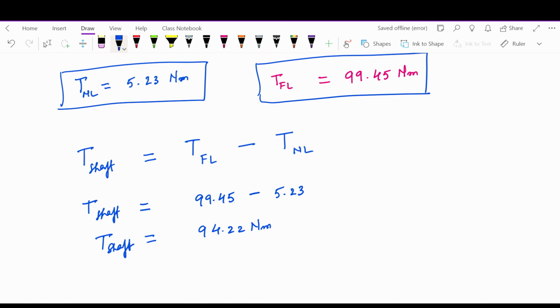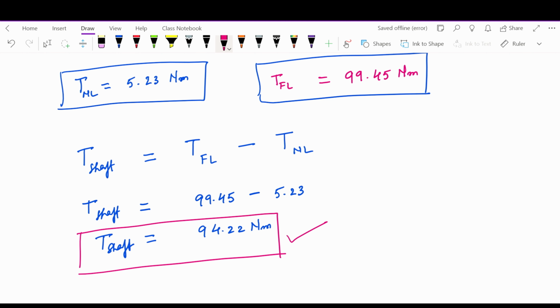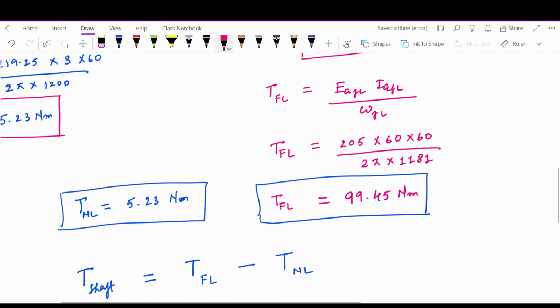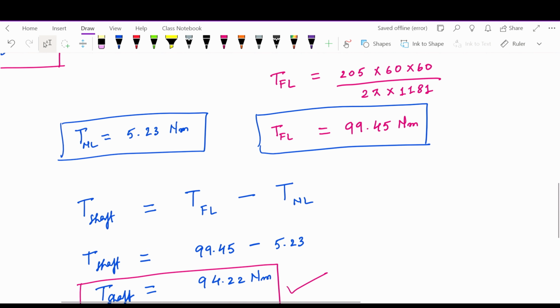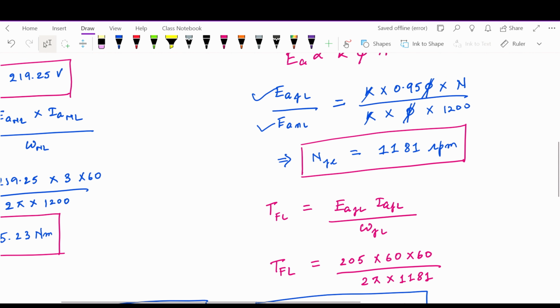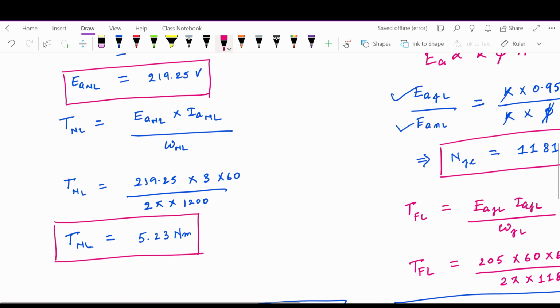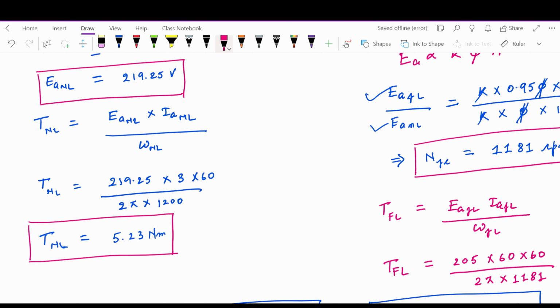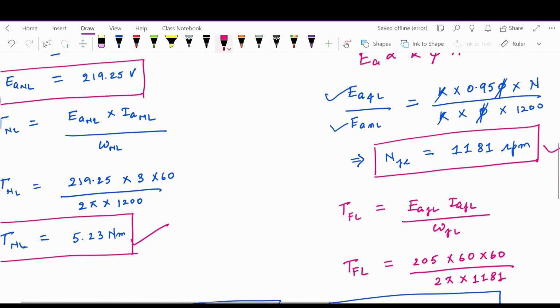Okay, so we had to find NFL, which we had found. We had to find torque generated at no load. Okay, so we had found all the quantities, and this is how the question looks.